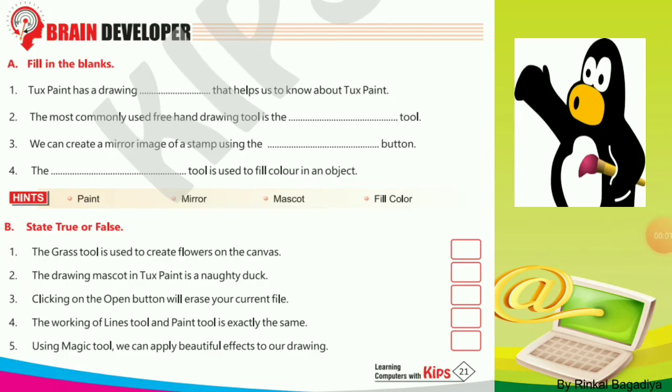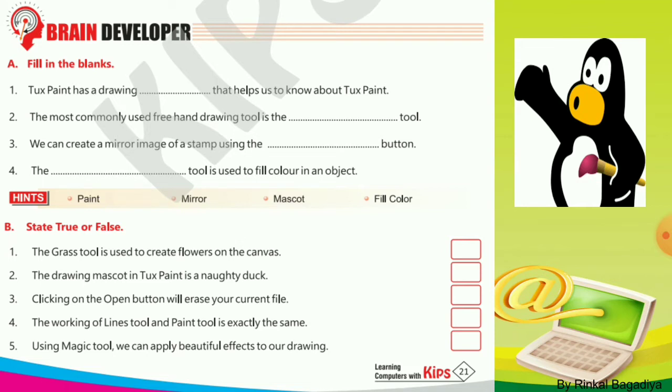Children, on page number 21, our chapter 2 exercise is there. Brain developer exercise. Let's start. Question A. Fill in the blanks. Number 1. Tux Paint has a drawing dash that helps us to know about Tux Paint. Here below the blanks, hints are given.